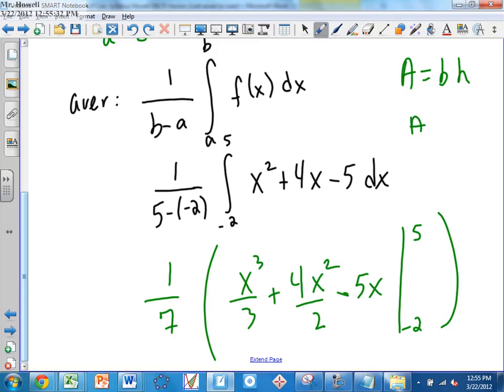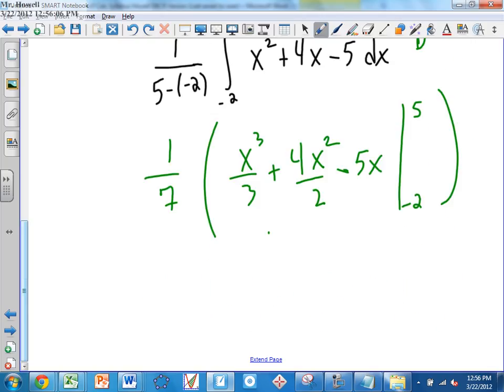Solving for h, the area times 1 over the base gives me the height, the average height of the function. That's what we're finding, the average value along the top. So it might help you understand a little bit better.